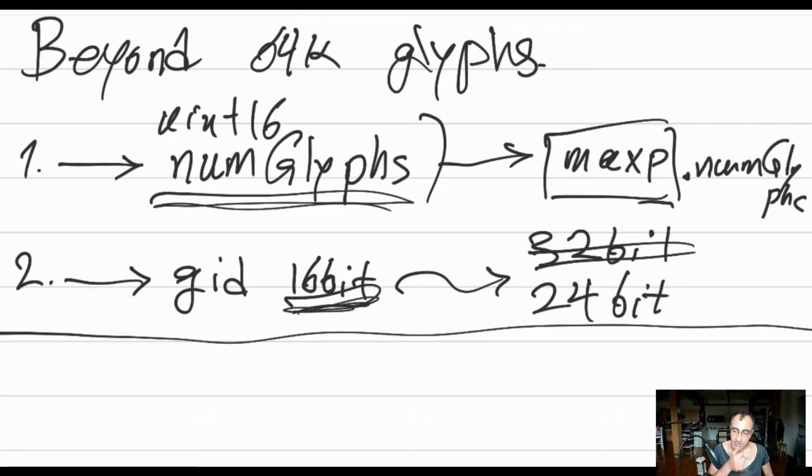And the reason here is important. It's not that I have any problem with 32-bit GIDs. It's just that for file size saving reasons, I want to have the 24-bit version in. And then if we do have the 24-bit version, which supports up to 16 million glyphs, then the question is, do we really need the 32-bit version in the next 10 years or 20 years?